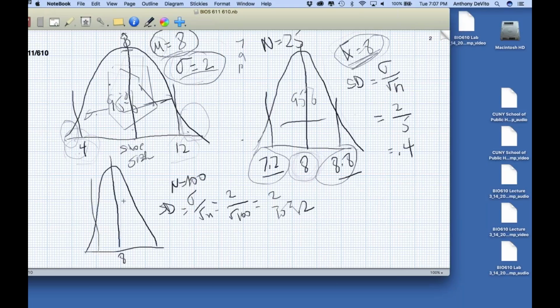So 95% of the time, we would expect to get a sample mean from this population, if we took a sample of 100, somewhere between 7.6 and 8.4, right? So our spread for likely results, in other words, the range where 95% of the results fall, becomes narrower as our sample size goes up.